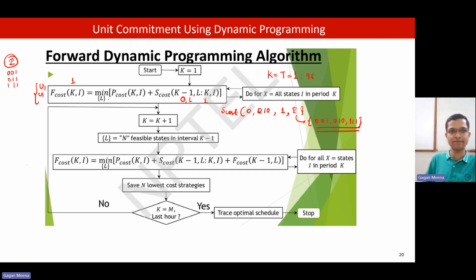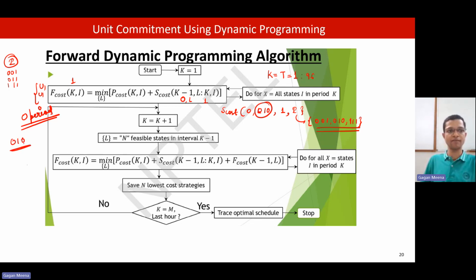So for each I we will get this F cost from each L, which is 1 here, meaning only one state in the 0th stage, or 0th time period, because we have the initial condition.